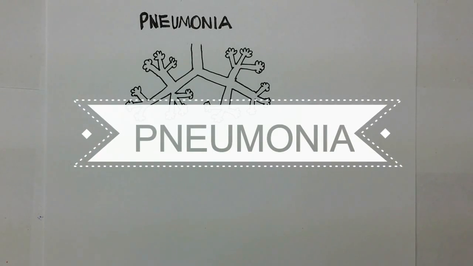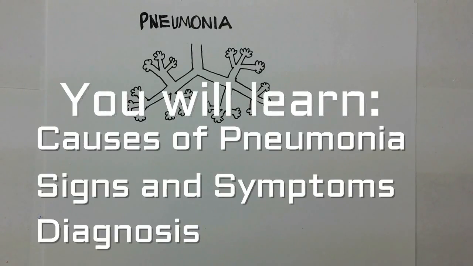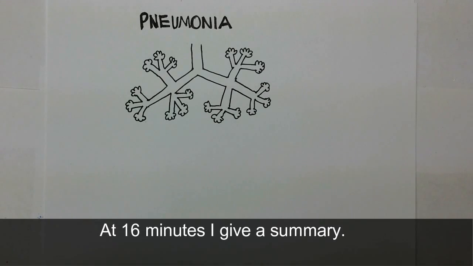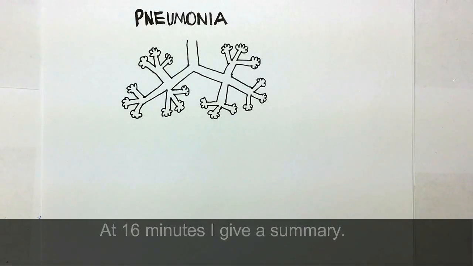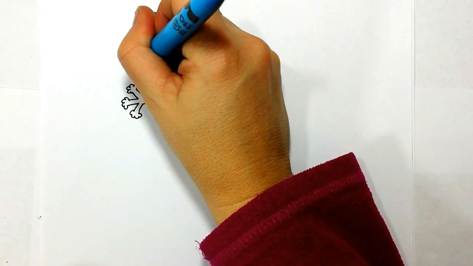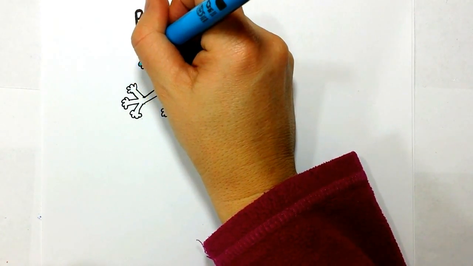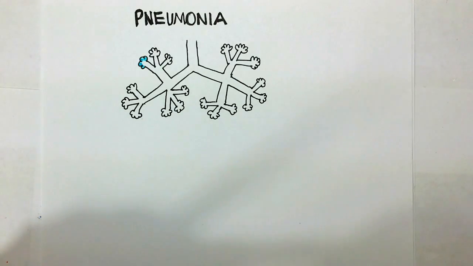How can you get pneumonia, a little bit about what it is, and what are the signs and symptoms of pneumonia. So all that pneumonia means is that there is fluid within the alveoli. In the lungs we have millions of these little tiny, very, very delicate membranes where gas exchange occurs.